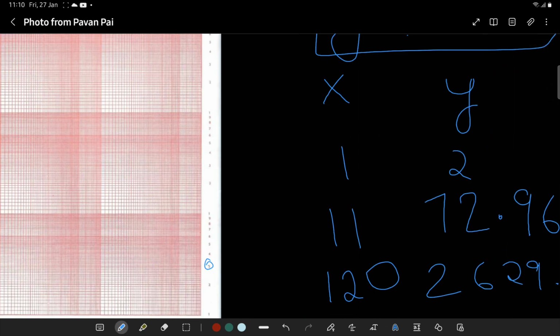The next point is 11 and 72.96, that is approximately 73. Here also we will have some errors because it's impossible to write all the decimals of this in any form of graph or pictorial representation or anything. So let's go with 11 and 73 now.